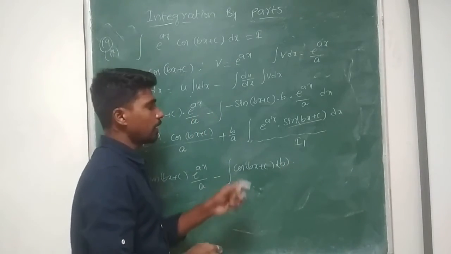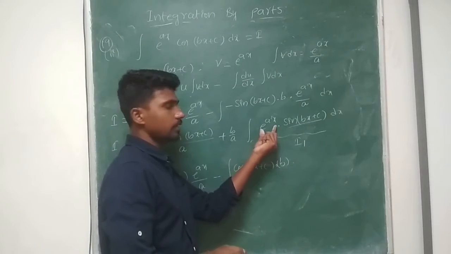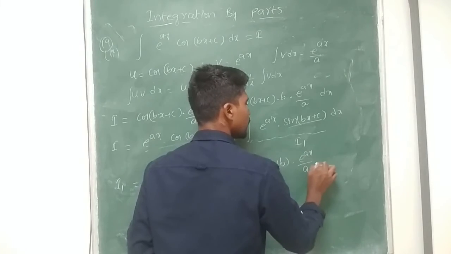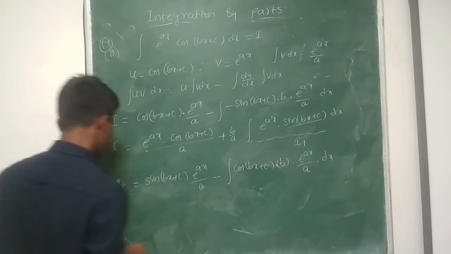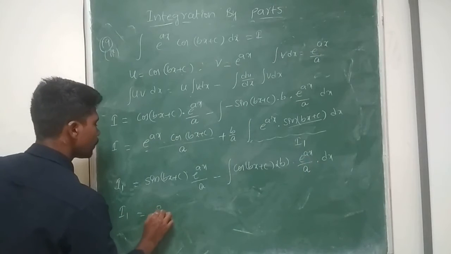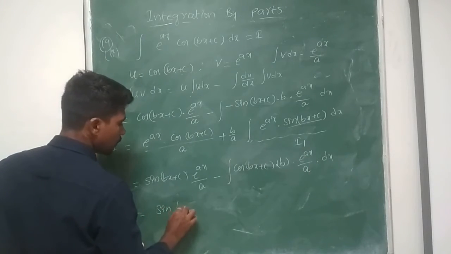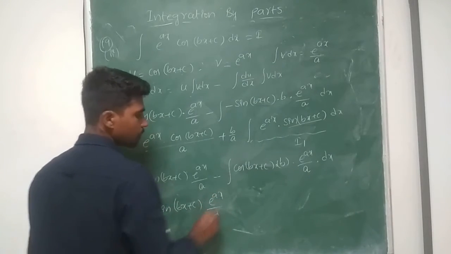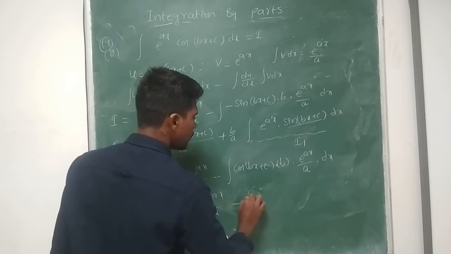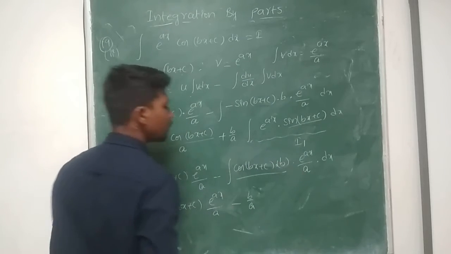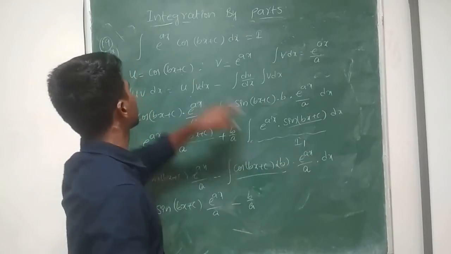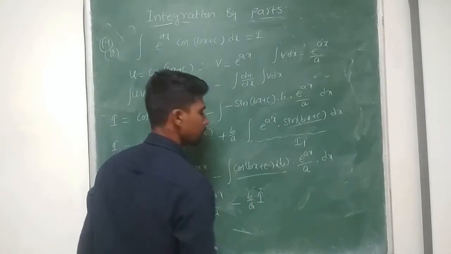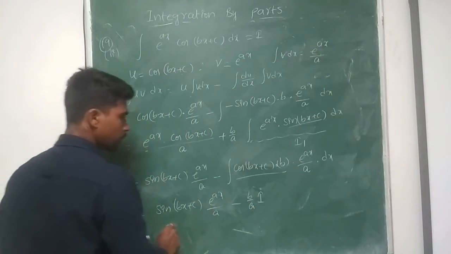into integral v. In this case integral v is e power ax, so integral e power ax dx is e power ax by a. So now I1 is equal to sin(bx plus c) into e power ax by a minus, taking b by a common, cos(bx plus c) into e power ax dx, which is nothing but I. Okay, so I1 is equal to this one.